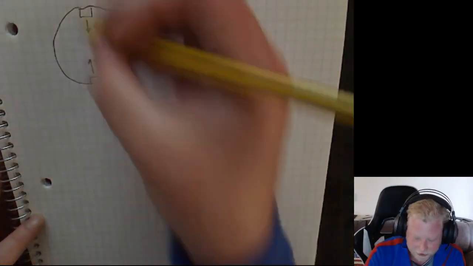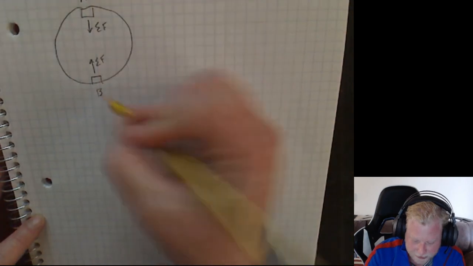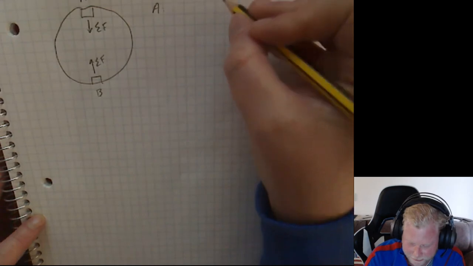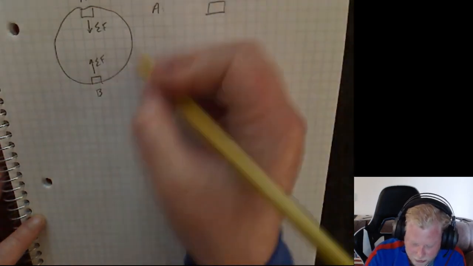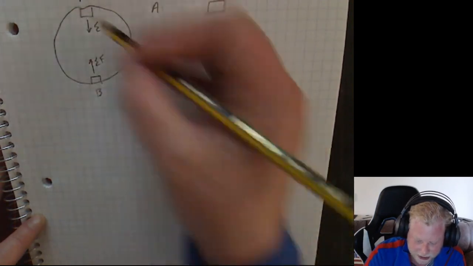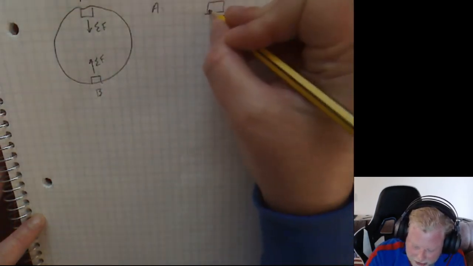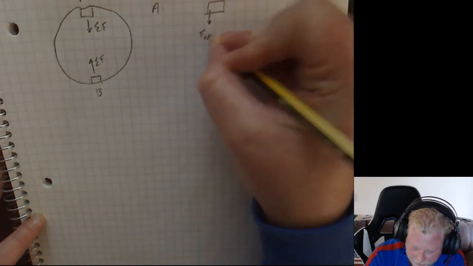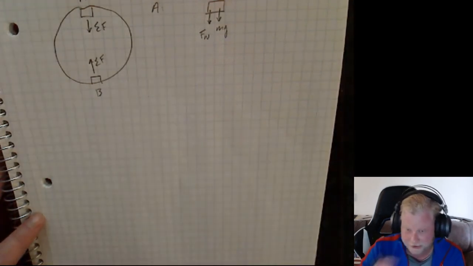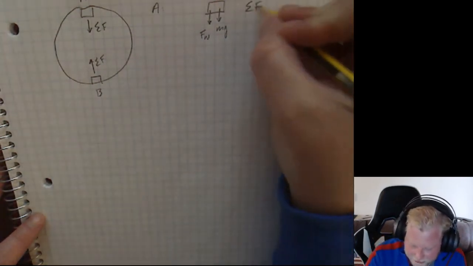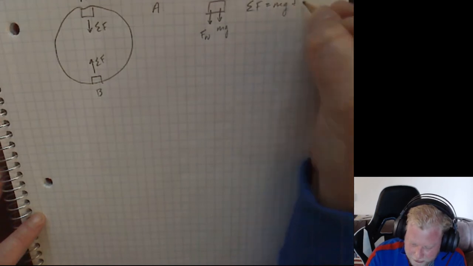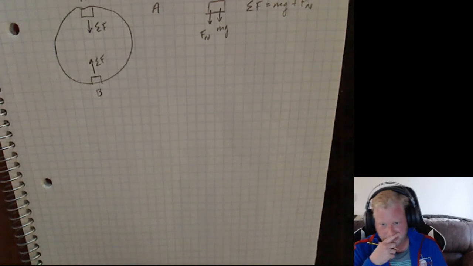So let's call this position A, and we'll call this position B. Now, at position A, if we look at the free body diagram, well, you're within the loop of a roller coaster, right? So this circle could represent the track. Now, the track is pushing down on you, and you have weight. So in this case, your centripetal force is equal to the combination of your weight and the normal force.